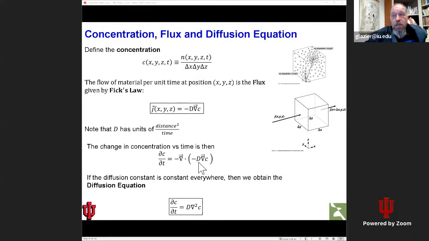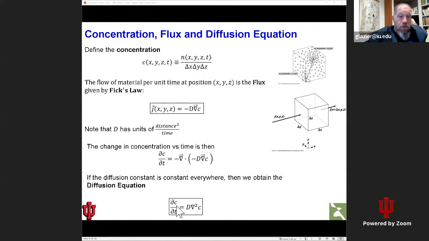If the diffusion constant is the same everywhere, the D comes out. Del dot grad is written del squared, the diffusion operator, Laplacian, c. Notice that the first equation is a vector quantity, the gradient of c, the slope of c, giving me a flux, which is a vector. Divergence is an operator that takes a vector and gives me a scalar.